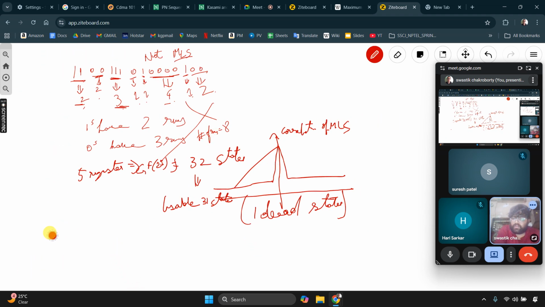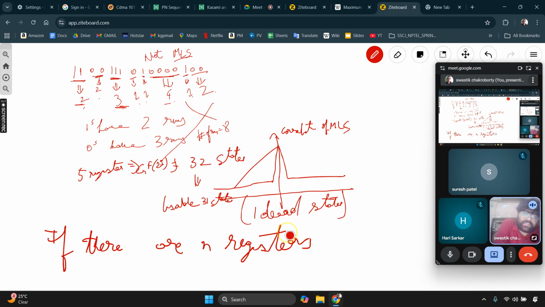If there are n registers. Here we are basically linking the polynomial generation, the bitwise generation, and the hardware generation, all three together.